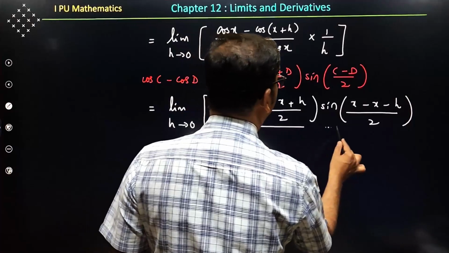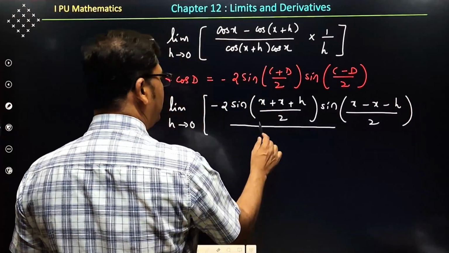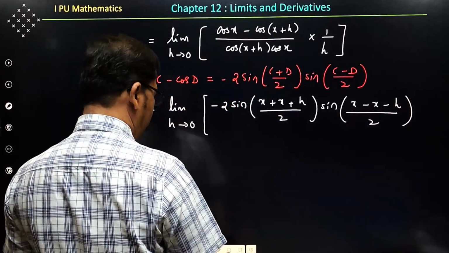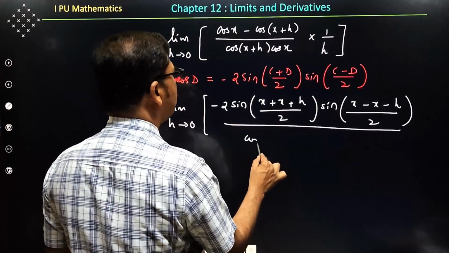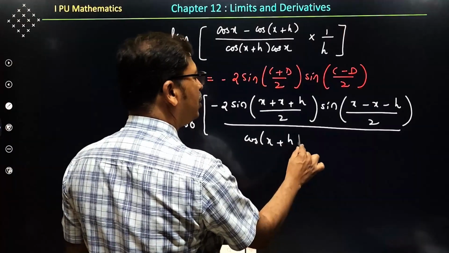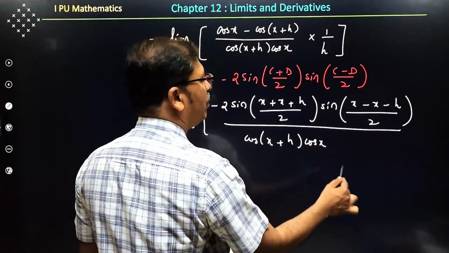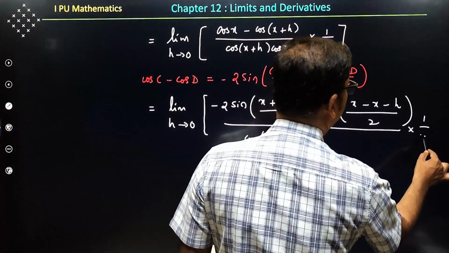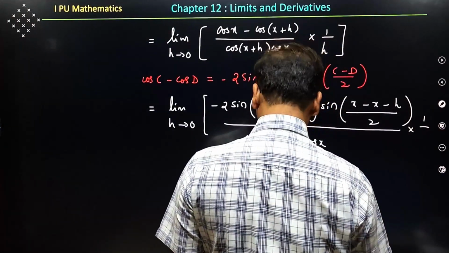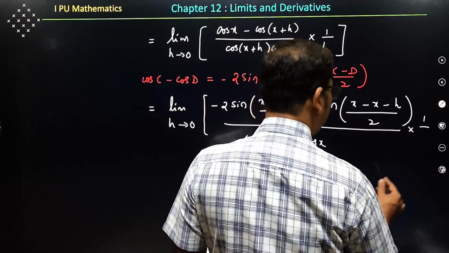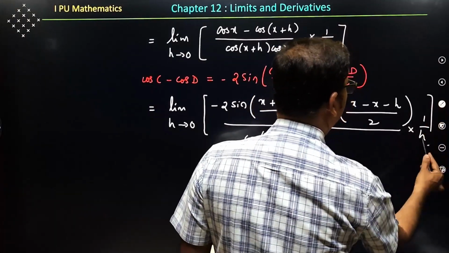Then whole divided by cos of x plus h into cos x should remain as it is, into 1 upon h you write here, not x, 1 by h it is. So let me write this 1 upon h and then close the bracket here.